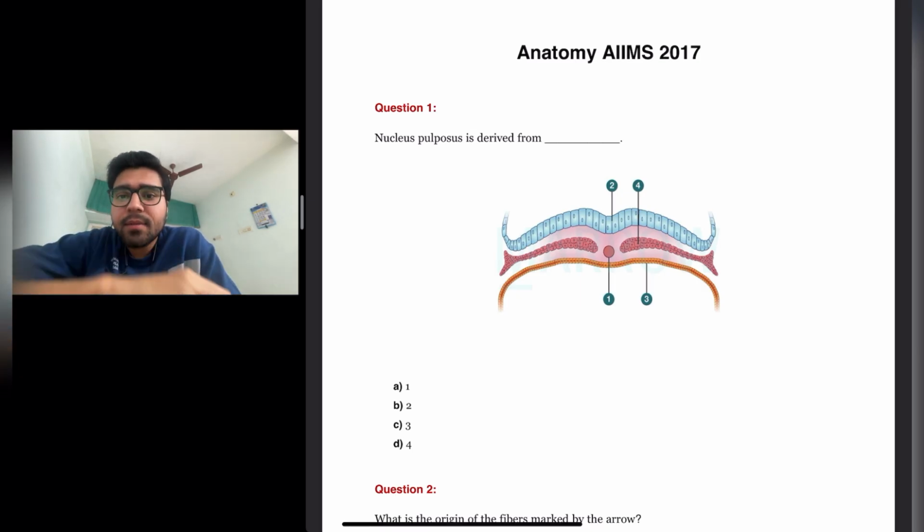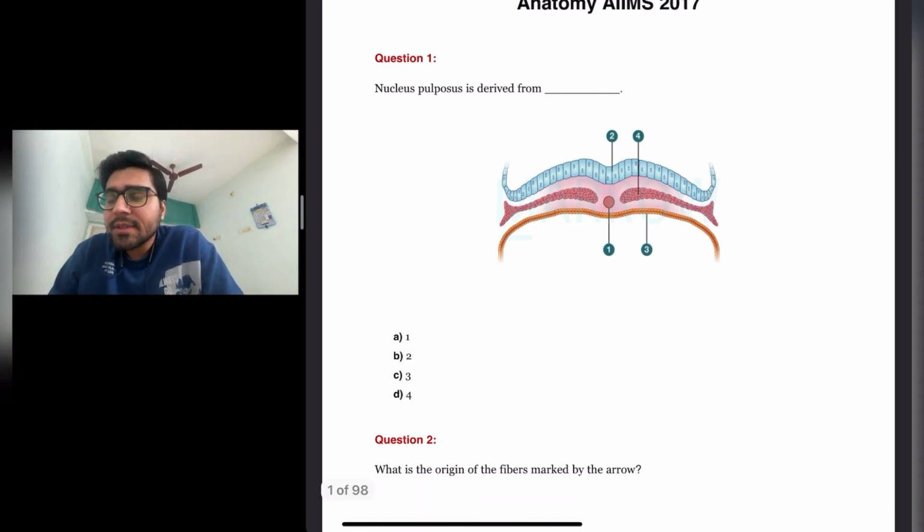And then I will try to cover these postgraduate medical examinations and we'll discuss previous year questions of each and every year of each and every examination and cover each and every subject. So our first subject is anatomy, AIIMS 2017. So let us start discussing the previous year questions.